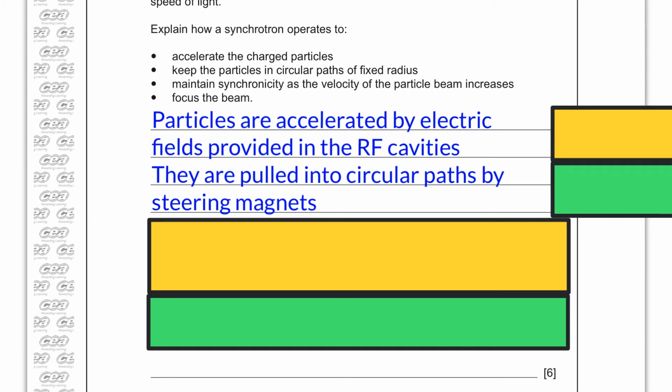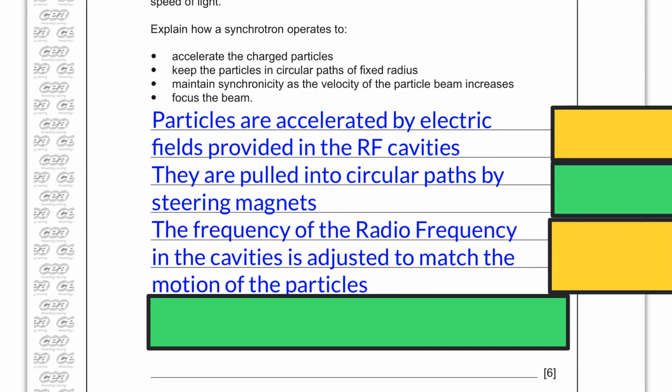What about synchronicity? Well, the frequency of the RF in the cavities has to be adjusted to match the motion of the particles, because as the particles get faster, the frequency isn't constant because their properties are changing. So it has to be adjusted to match that.